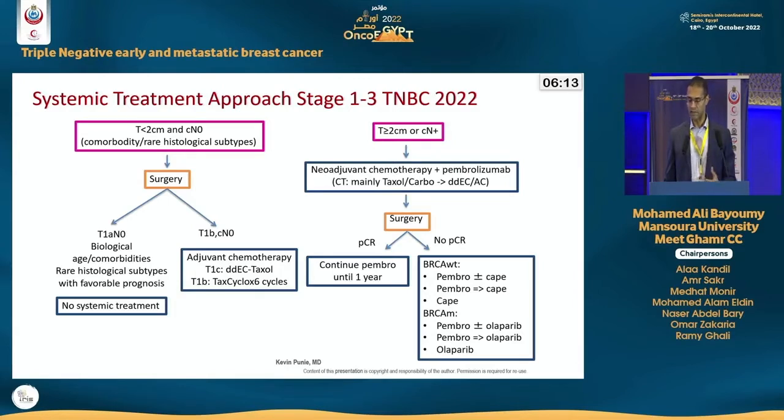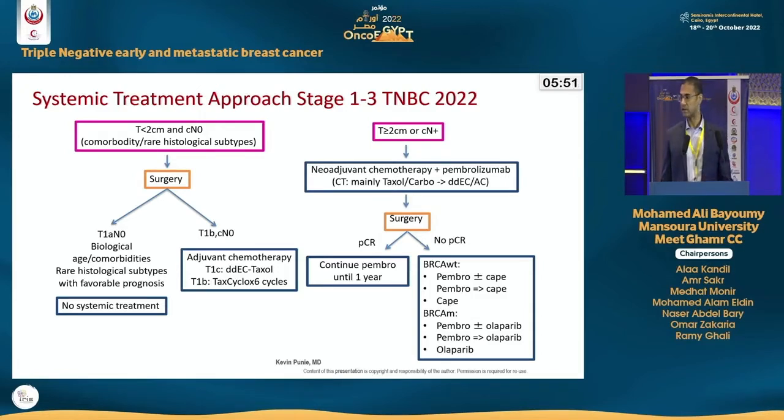The recent guideline stated that you will start neoadjuvant chemo with IO like pembro or atezo, and then after surgery, if your patient achieves a pCR, I think you will continue IO for 1 year, either pembro or atezo. But the problem is in the other group, the patients who did not achieve the pCR. We have many options for these patients.